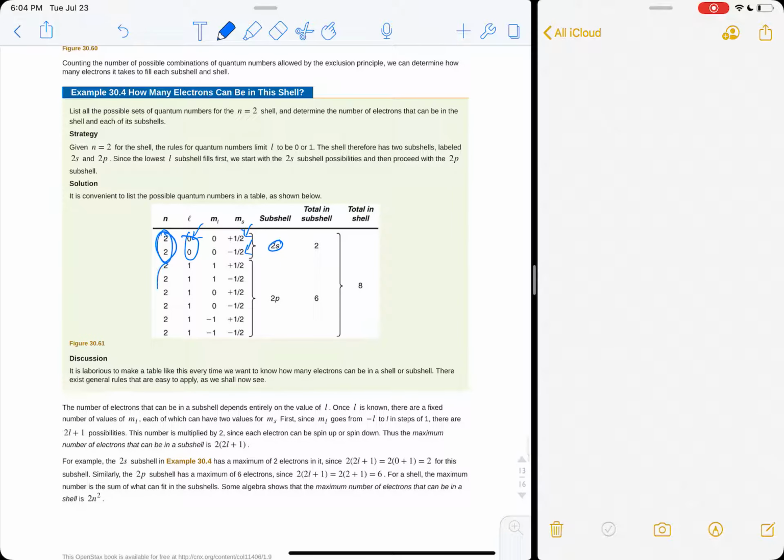The next one, we've got 2, and then L equals 1, so all of these are 2p states, and then there's 1, 2, 3, 4, 5, 6 possible electrons. So 6 possible electrons in the 2p state, plus the 2 in the 2s. Well, the total n equals 2 states gives you 6 plus 2, which is 8 electrons together.